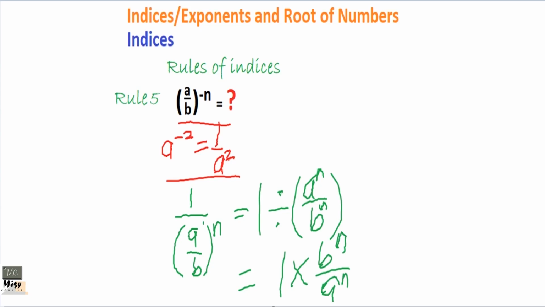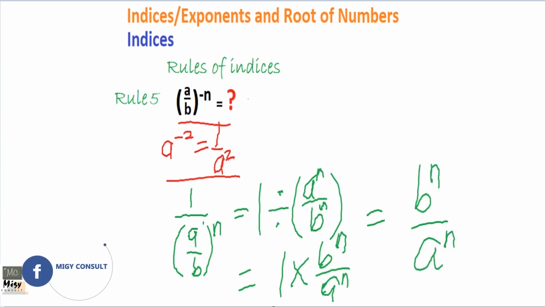So 1 divided by this, that is how we wrote it, and we know that it will be a raised to the power n over b raised to the power n, and with multiplication it's b over a. So now our answer is b raised to the power n divided by a raised to the power n.